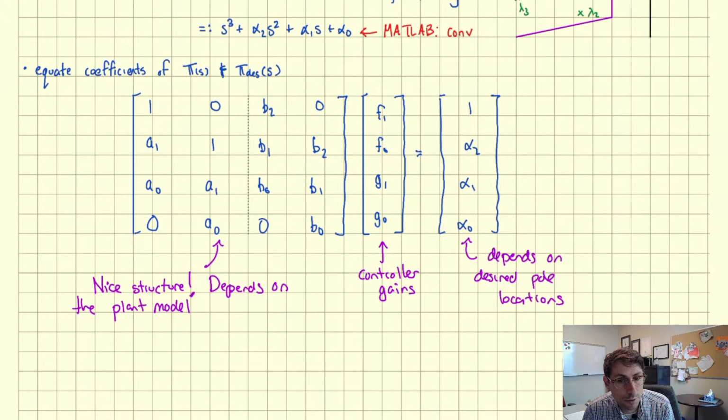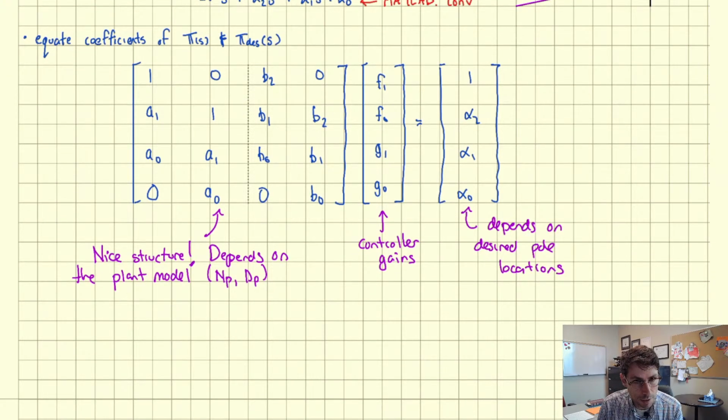In particular, the polynomials, the numerator and the denominator. Okay, so you solve the equation, you get the controller gains, you now have your controller. Let me make a few comments about this controller, or this equation, and also this approach to control design.